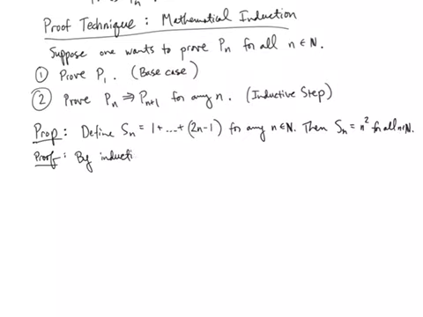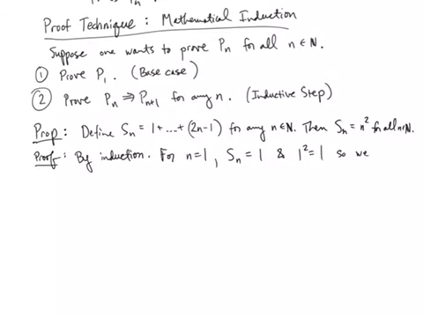So our proof is by induction. Okay, so we have to do the base case. And that involves proving the proposition for the first natural number. So for n equals 1, S sub n is just equal to 1. And 1 squared equals 1.